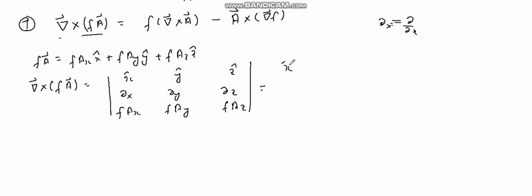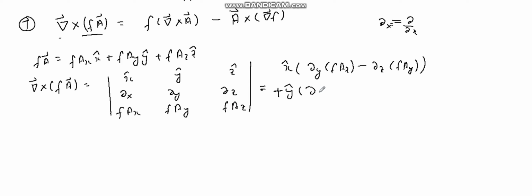So for the x component we are going to have del y of f of az minus del z of f of ay. For the y component, I am just adjusting the minus sign that comes in front of this y cap, so we take the opposite: del z of f of ax minus del x of f of az.